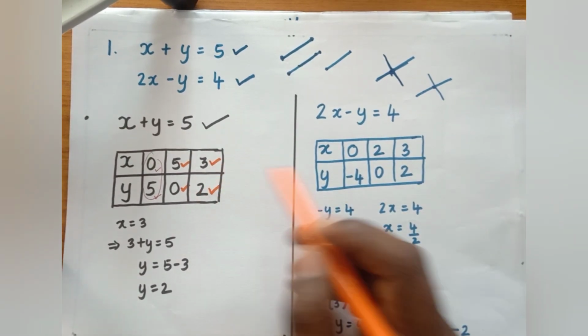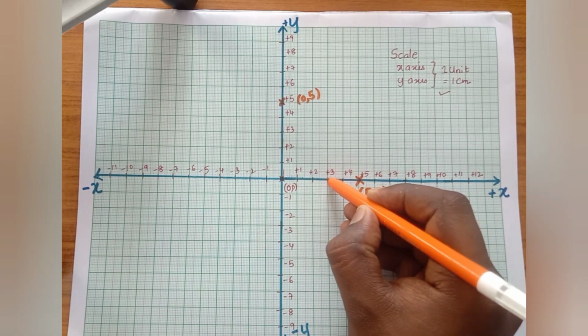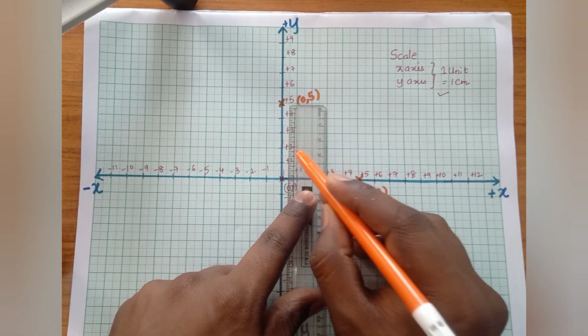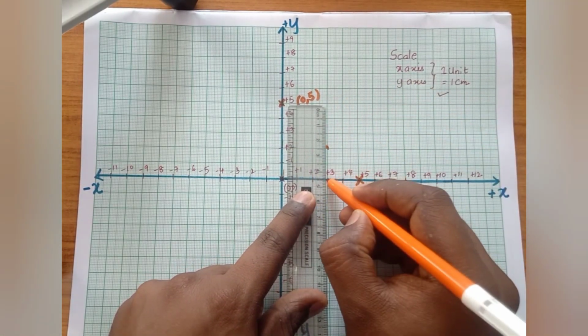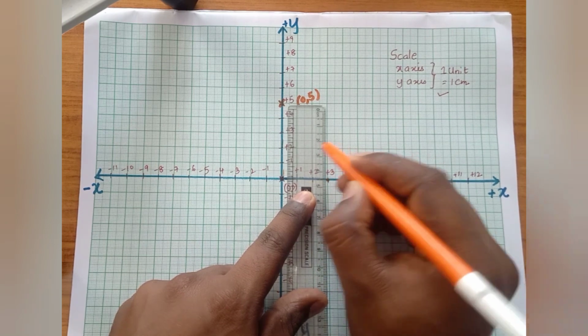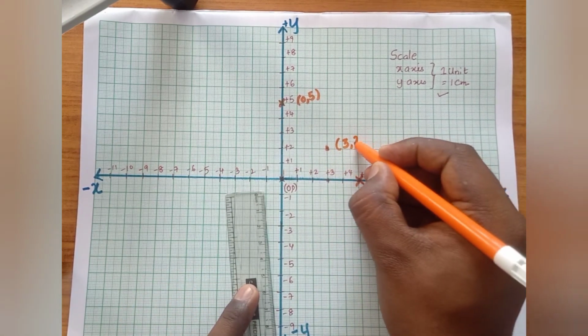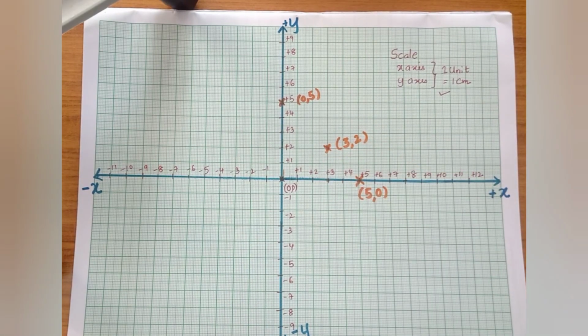When x equals 3, y equals 2. The same line you should check for 2. That is here. When x equals 3, y is 2. That is, it represents 3, 2. Now, students, join all these points.